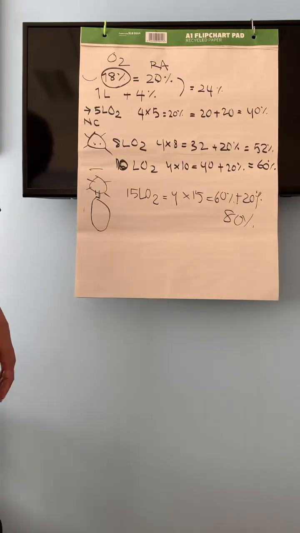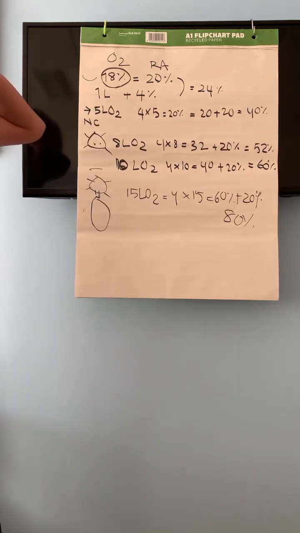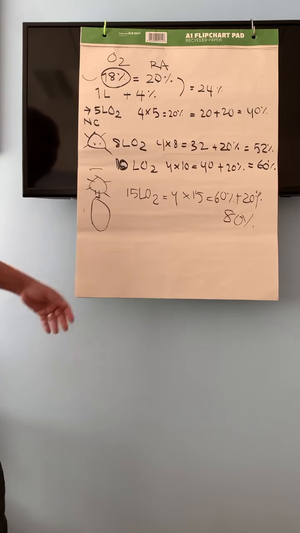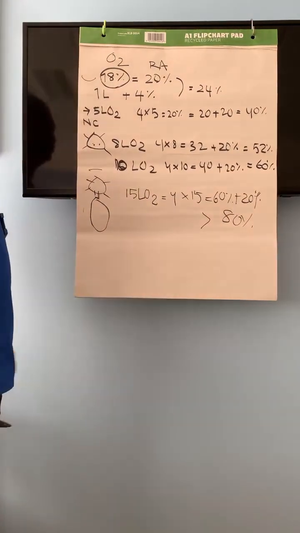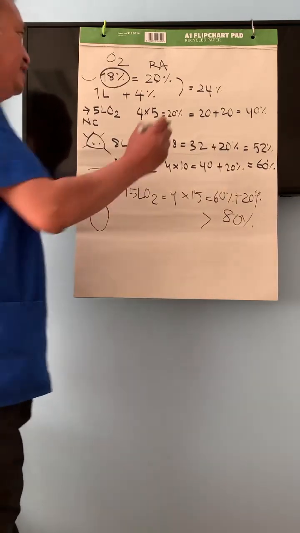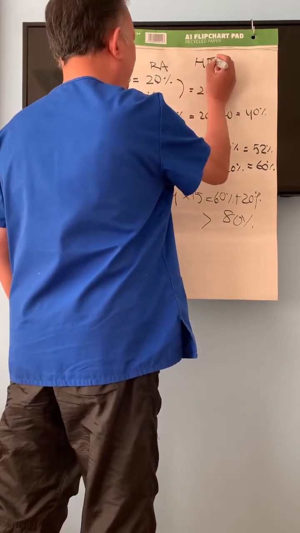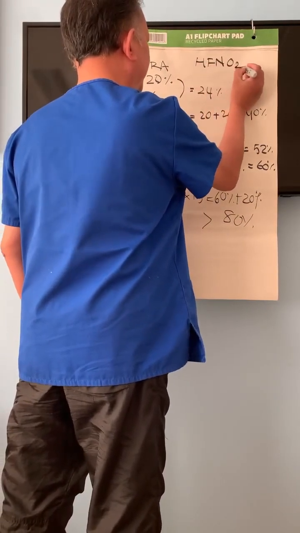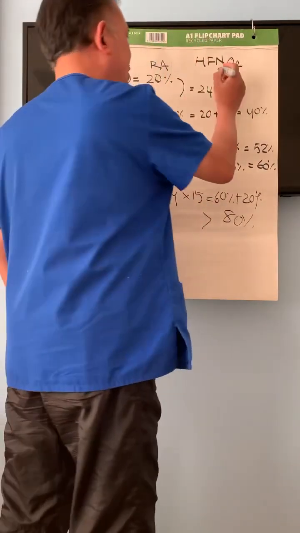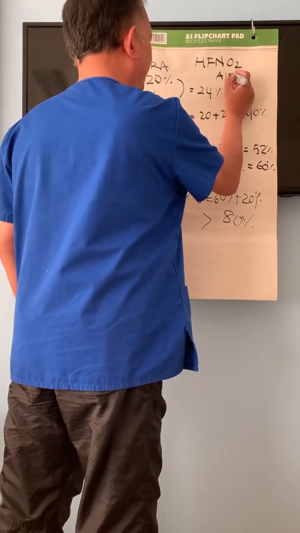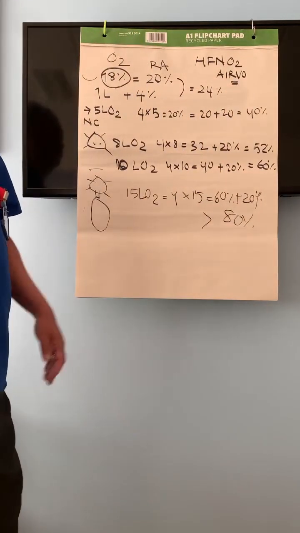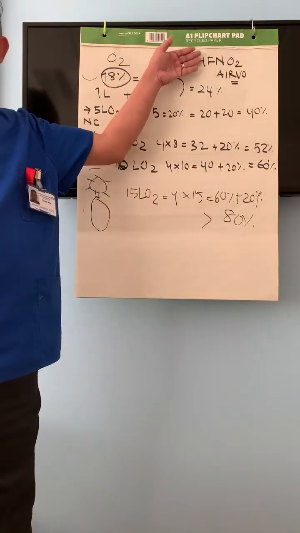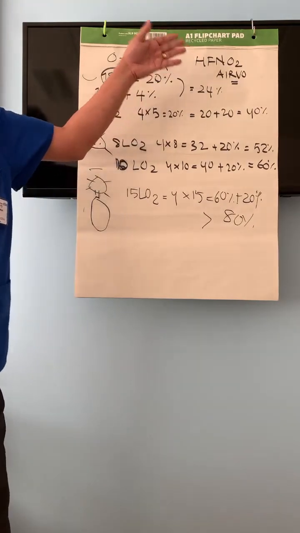After that, for more than 80%, we need to use our HFNO machine, the high flow nasal oxygen machine. What we use is called Airvo, which is the company name, but the official scientific name is high flow nasal oxygen machine, HFNO.